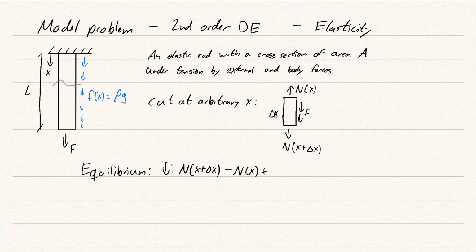So we do the integral from x to x plus delta x of f, and we do a variable substitution here, f of xi d xi, just something else than x. And all of this is of course 0 because this is stationary, there's no acceleration in here.